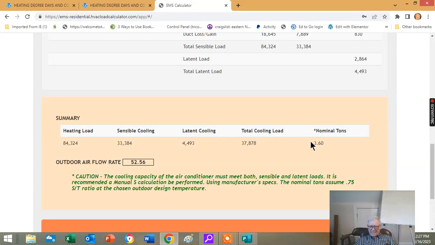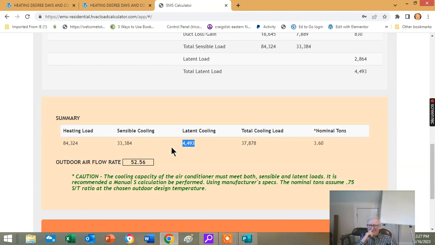But this EMS load calculator is attempting to cover Manual S. And what it's doing is making sure that the unit you put in is capable of handling the 33,000 BTUs of sensible and 4,000 BTUs of latent heat.